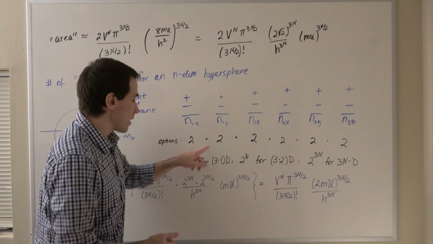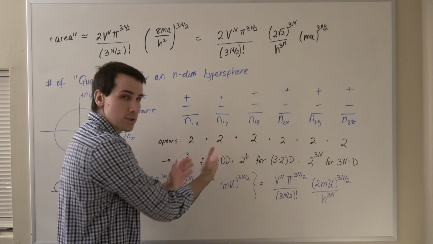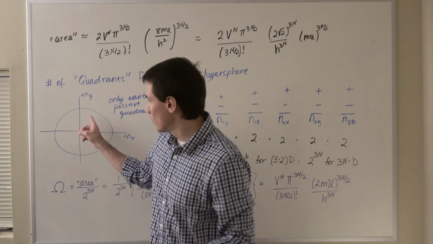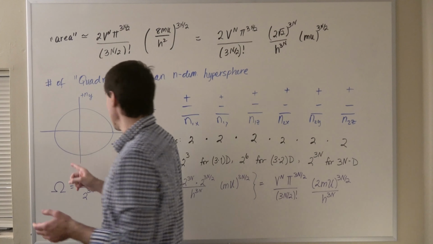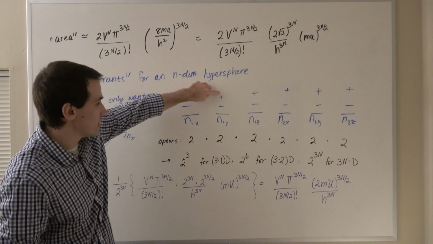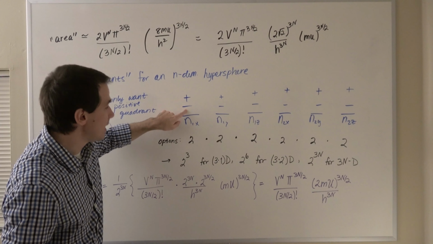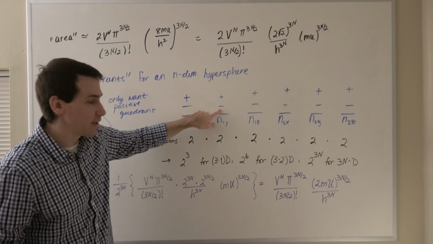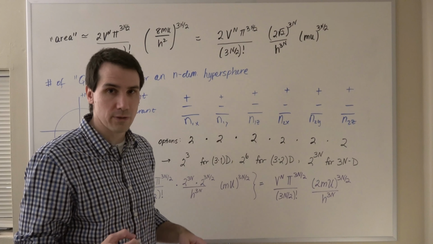And if I multiply my number of options in each case together, I get 2 times 2, which is 4 options, which means there are 4 possible quadrants, right? I can have positive x and positive y, positive x and negative y, negative x and positive y, or negative x and negative y. That's 4 possible options, 4 possible quadrants.